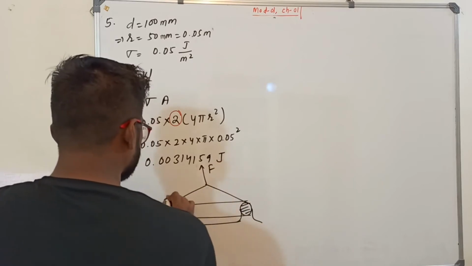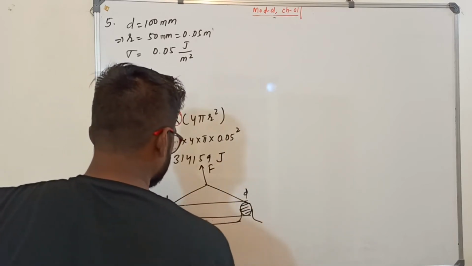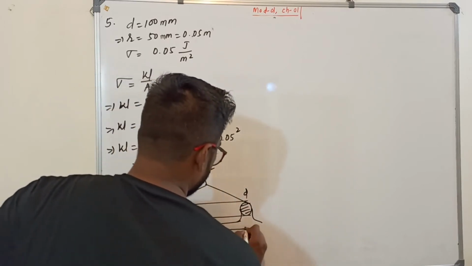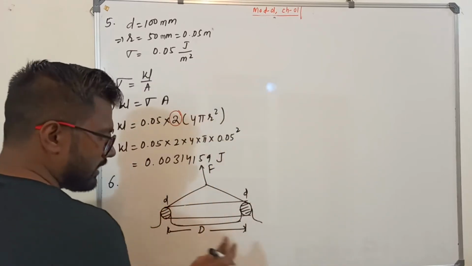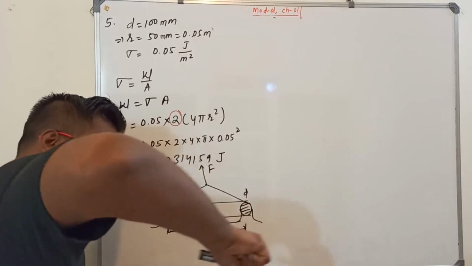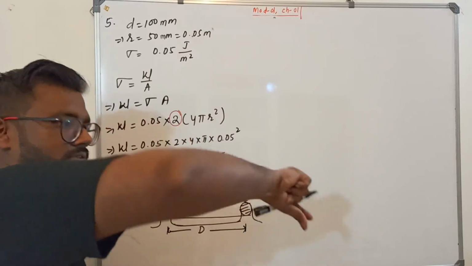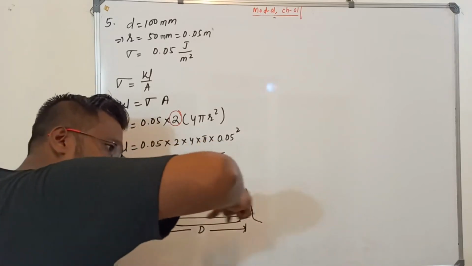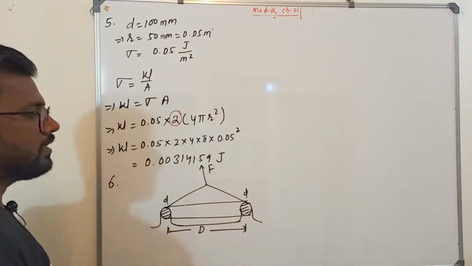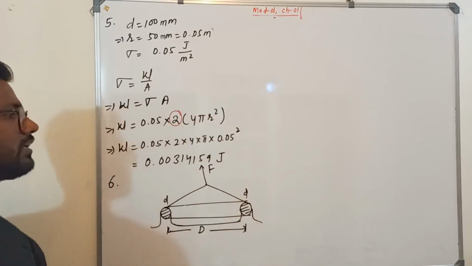F. This is D. This portion is capital D. Interesting question. There is a ring which has fallen on the water surface. How much force is required to lift it?